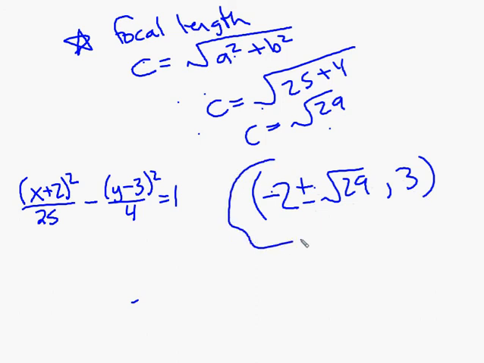And that is our foci. I might want that to the nearest tenth, but that's where they are. All right. Because all of those things, vertices and foci and asymptotes, all depend upon where our center is.